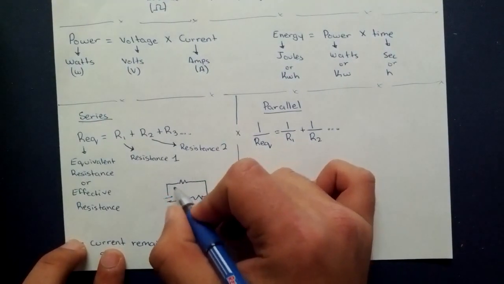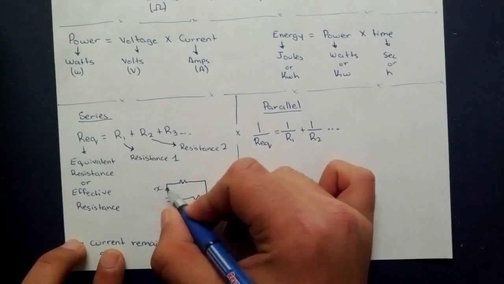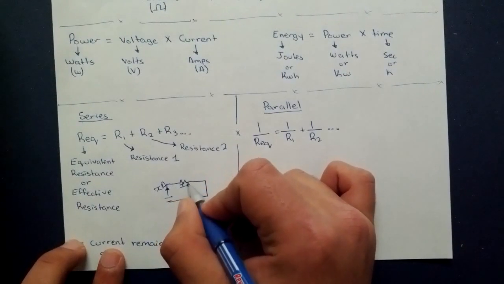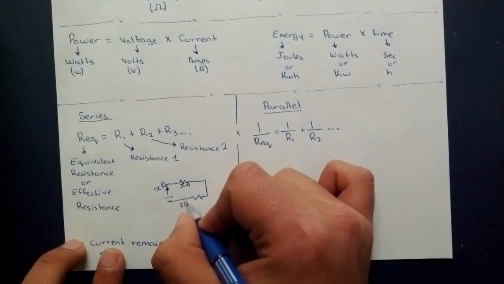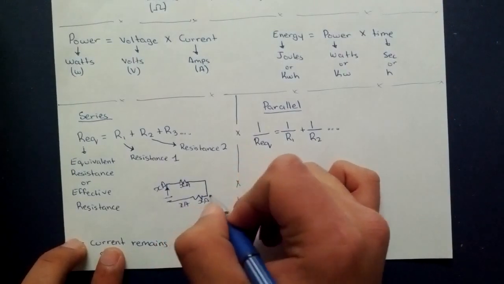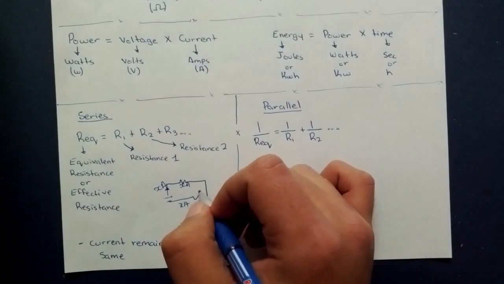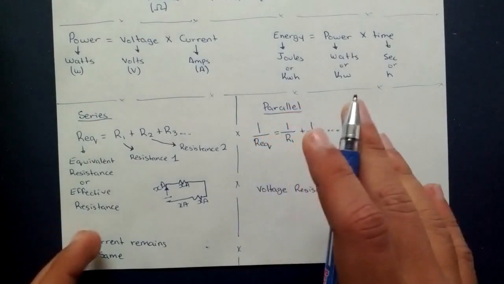In a series circuit, if the current over here is X amps, then this is going to be X amps. No matter where you go in the circuit, the current is going to remain the same. And that's really all you need to know for a series circuit.